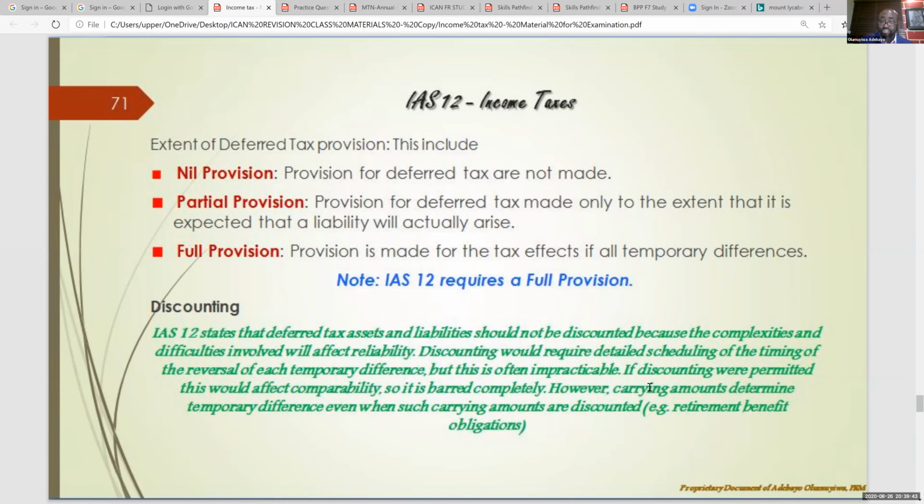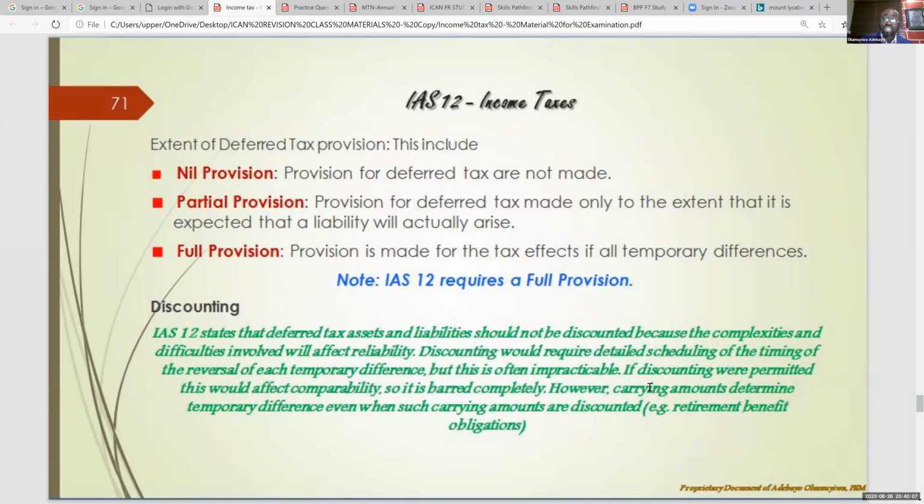There are two reasons for that. The first one is ideological. And what does that imply? It implies that an attempt to discount the temporary difference may be tantamount to double discounting. What does that mean?